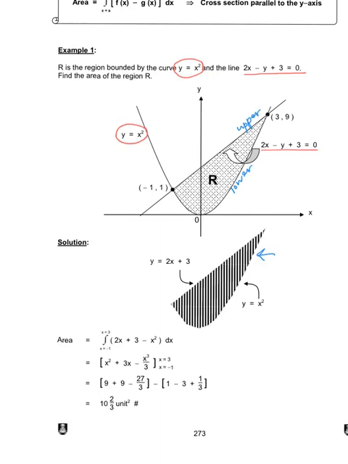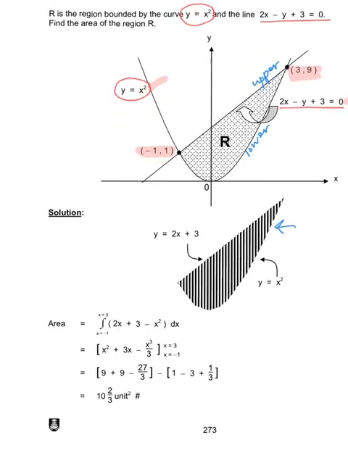In order to find the area for this example, you are given both coordinates. If you are not given the coordinates, you find them by finding the intersection between these two equations, meaning you equate the first and second equations, then find the x and y coordinates.